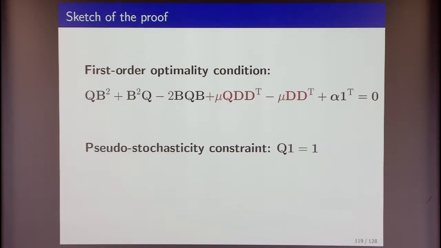So again, if I get the first order optimality condition, now this term, actually these two terms, one linear term in Q, another one is a constant, will be added to the Lagrangian. Okay? And again, the pseudo-stochasticity constraint remains.